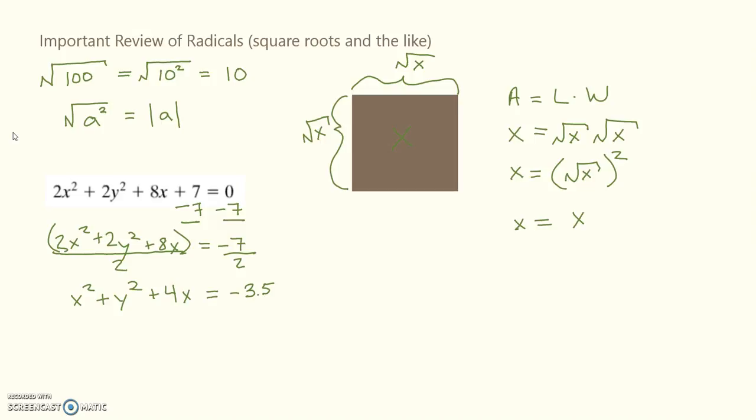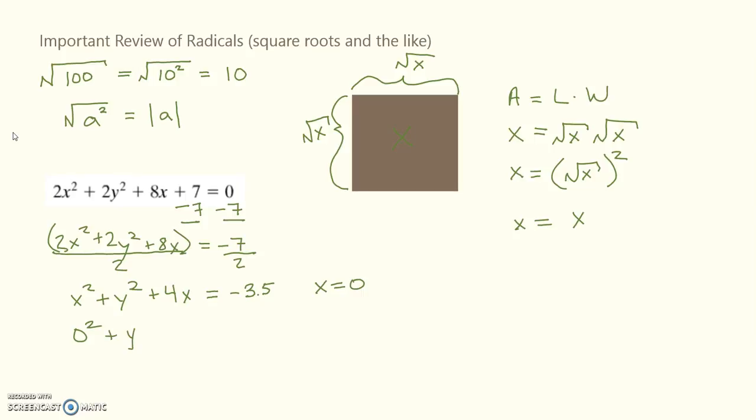Now, something that you cannot do is, if you want to take the square root of both sides, that is not the same thing as taking the square root of each term. For example, if we were looking for the y-intercept of this relationship, we set x equal to 0.